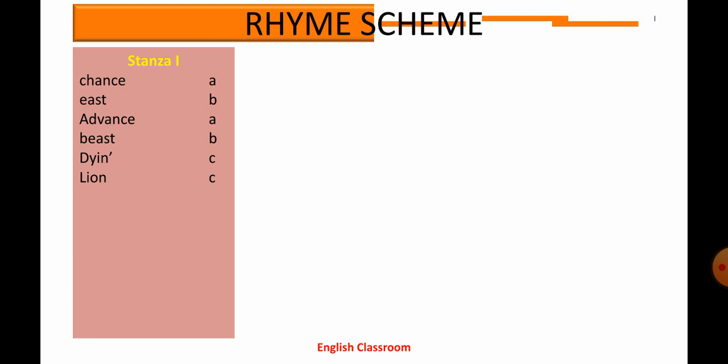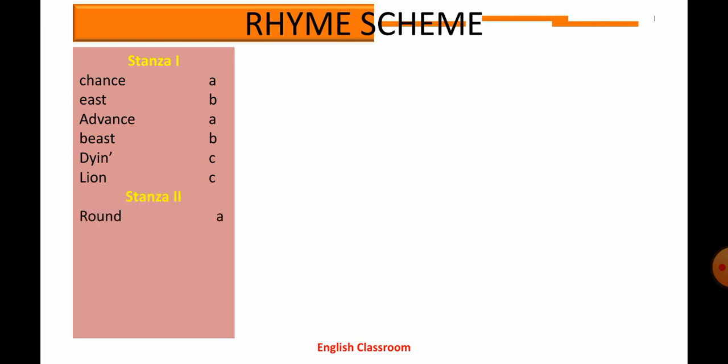Not properly, but dine. That's why the poet used dine, not dying, to make it rhyme with lion. So chance A, east B, advance again A, then beast again B because it goes with east, then dine and lion go together.